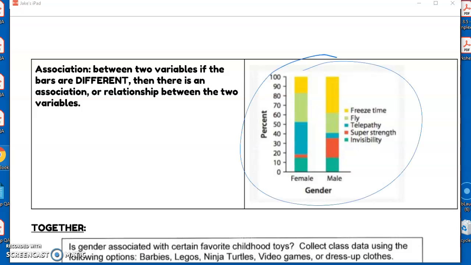In this case, those two bar charts do not look the same, so I'm going to write that there is an association on that bar chart. Otherwise, if you look at two segmented bar charts and they look exactly the same, there'd be no association. Like if we took hair color and eye color, there's no association between those two, so those two segmented bar charts would look exactly the same.